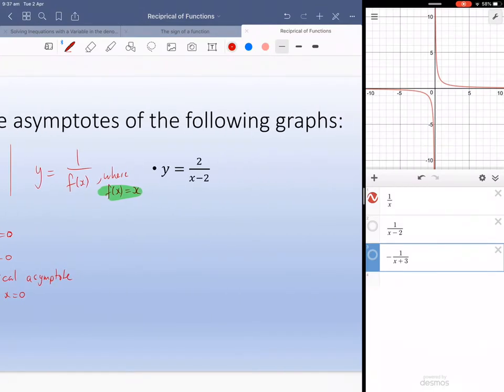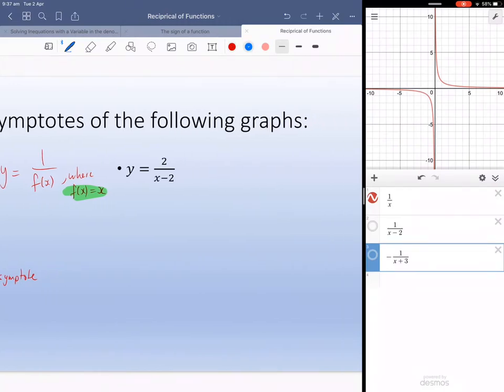If I look at the second one, I'm going to use a different color pen, blue. I'll make x minus 2 equals 0, therefore x equals 2, because I add 2 to both sides. That will tell me the vertical asymptote. Therefore, vertical asymptote at x equals 2.